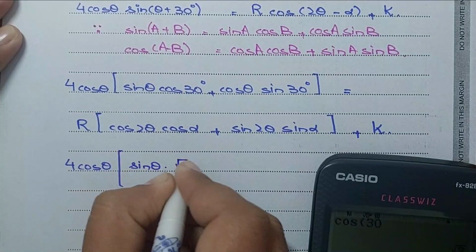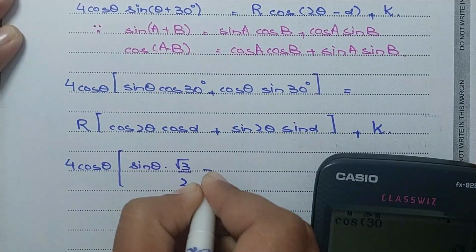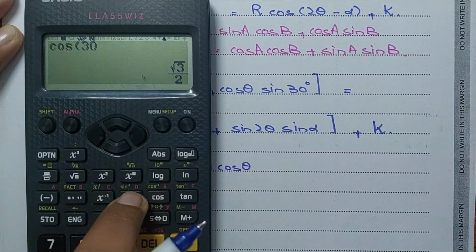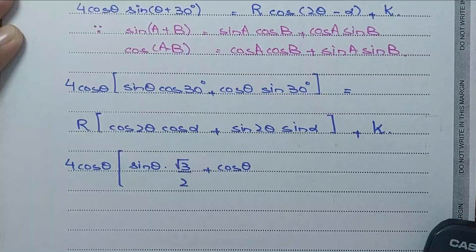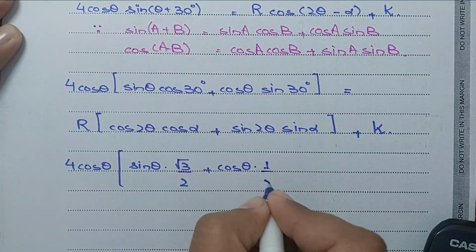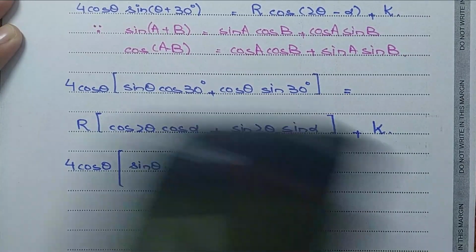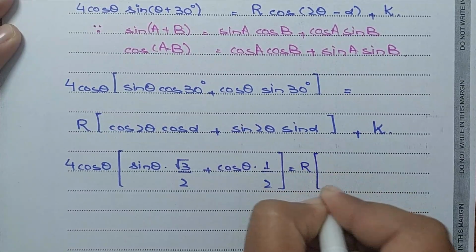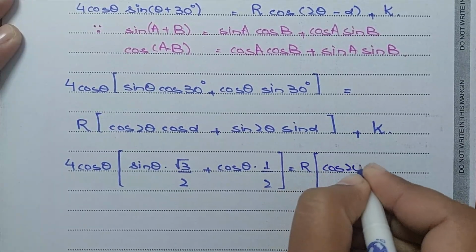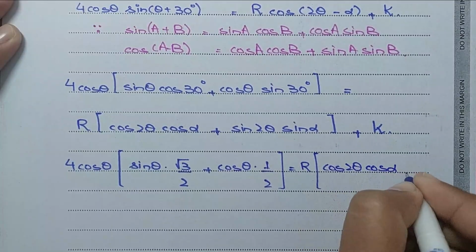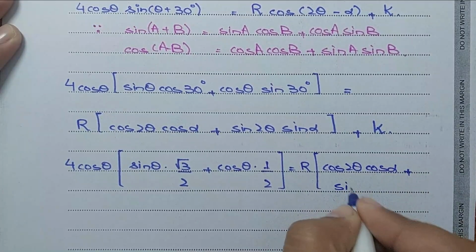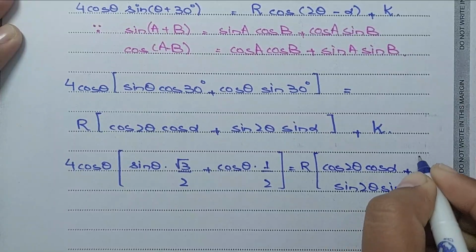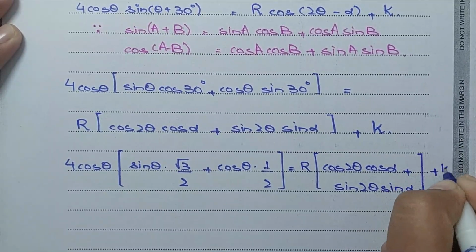Cos 30 is square root of 3 divided by 2, plus cos theta sine 30, which is 1 by 2. This thing equals r bracket cos 2 theta cos alpha plus sine 2 theta sine alpha, plus some k.